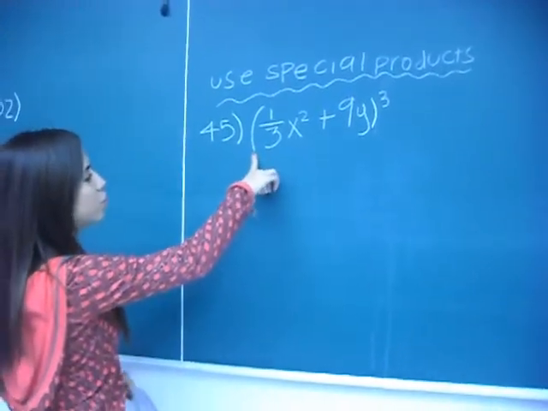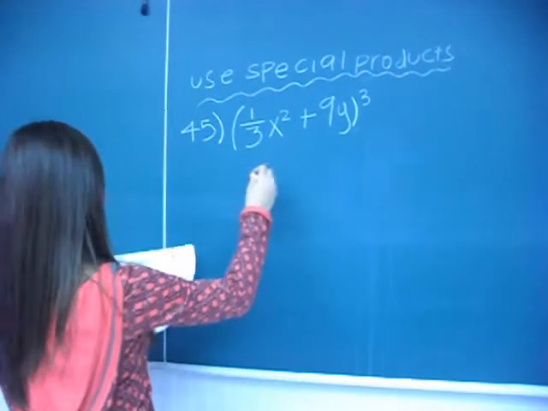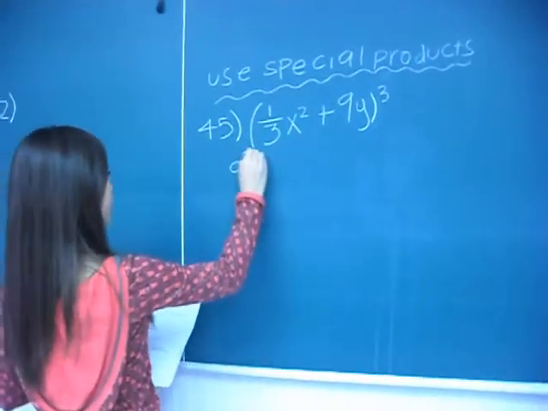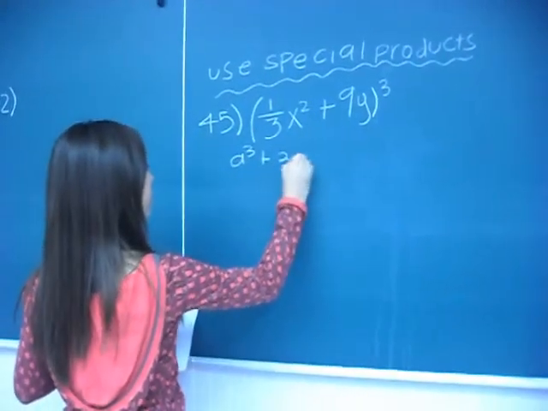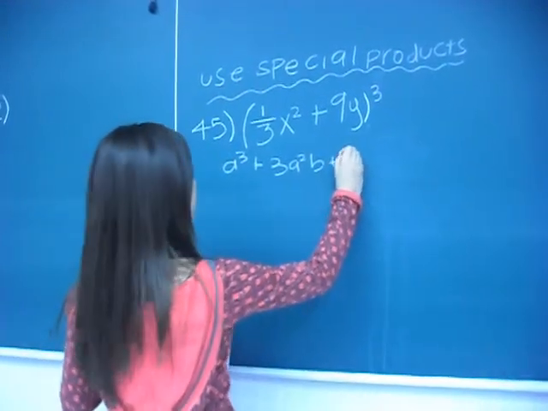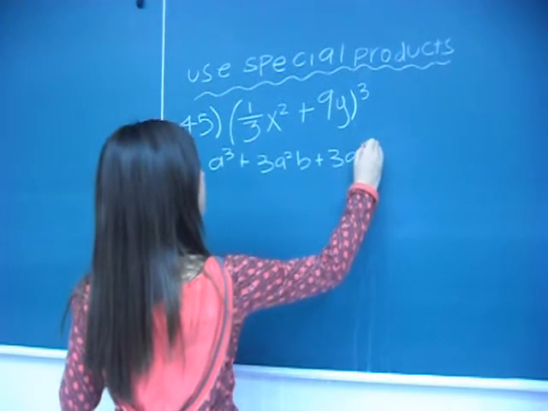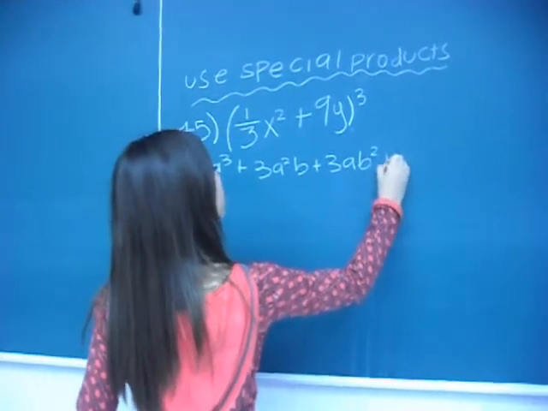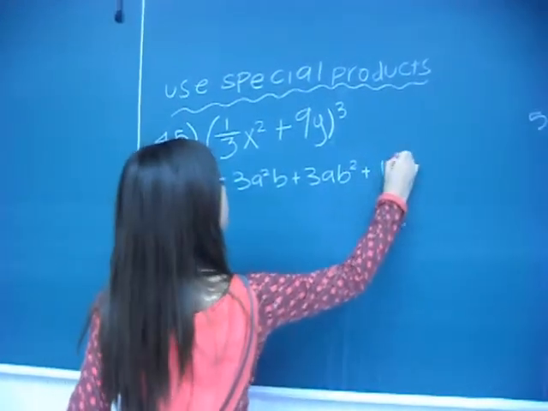The formula to solve a binomial cube is a cubed plus 3 times a squared times b plus 3 times a times b squared plus b cubed.